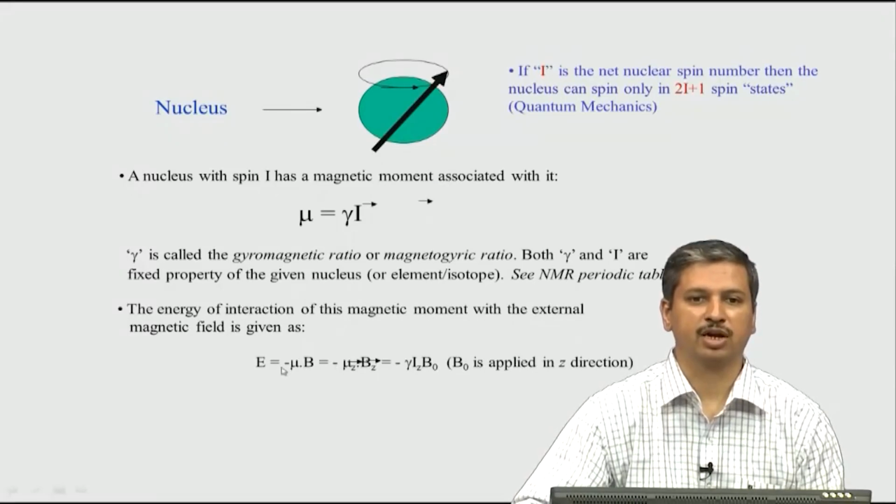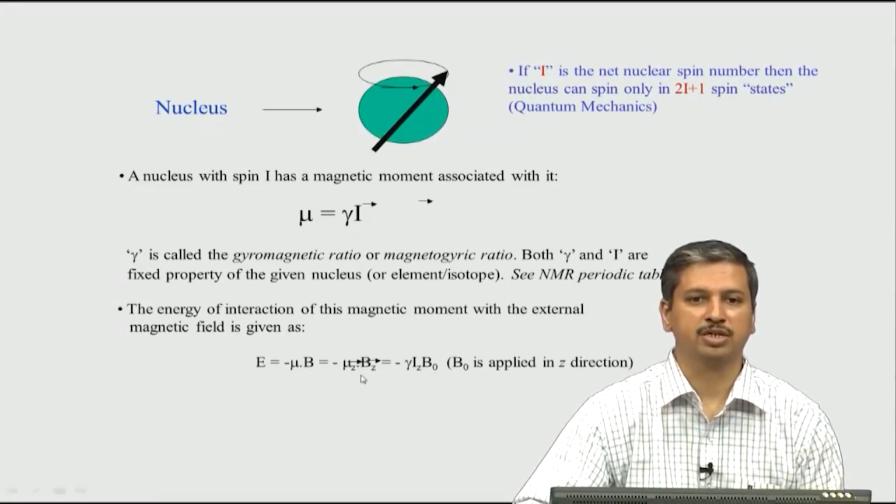We can split this into 3 components, mu x, mu y, mu z, and Bx, By, Bz. But assuming that I apply a magnetic field in the z direction, the x and y components are gone, and only the z component remains, so this simplifies and becomes minus mu z Bz.